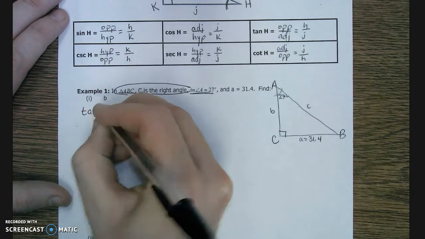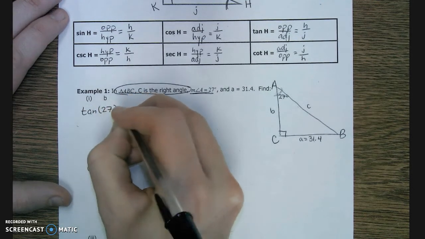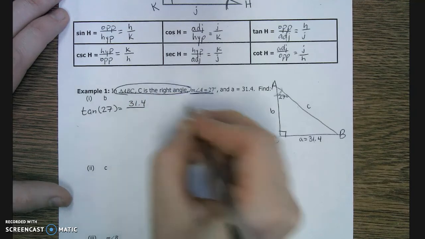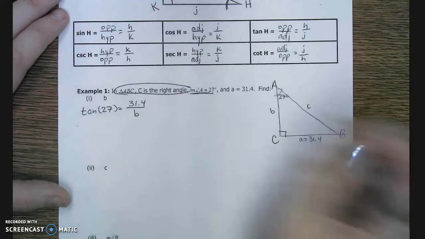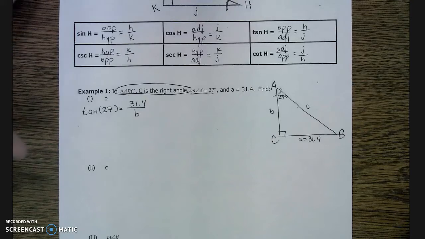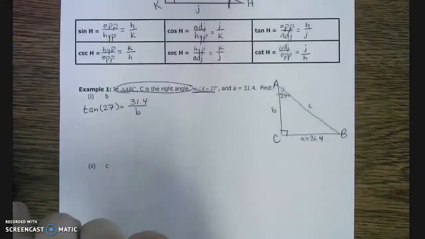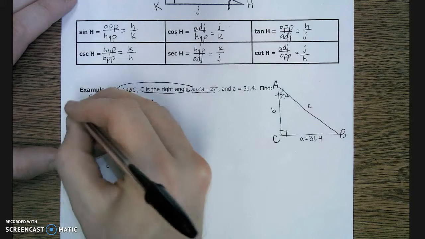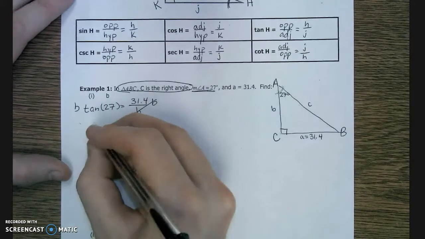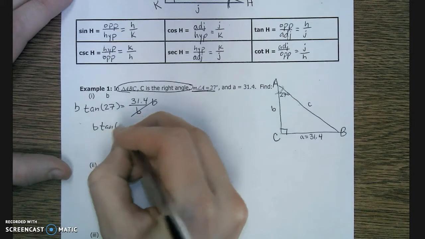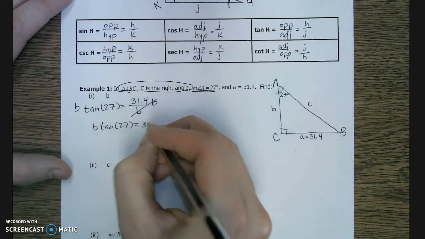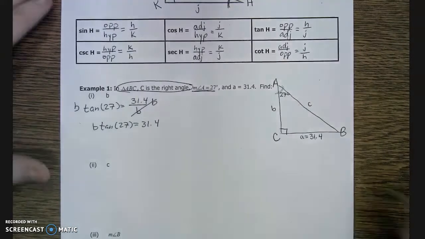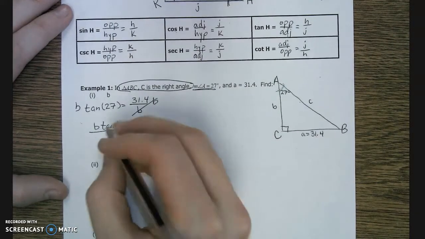Tangent of the angle equals the opposite side, 31.4, over the adjacent side, b. And then we solve for b. I would multiply both sides by b, and then divide by tan 27 to get rid of it on the other side.